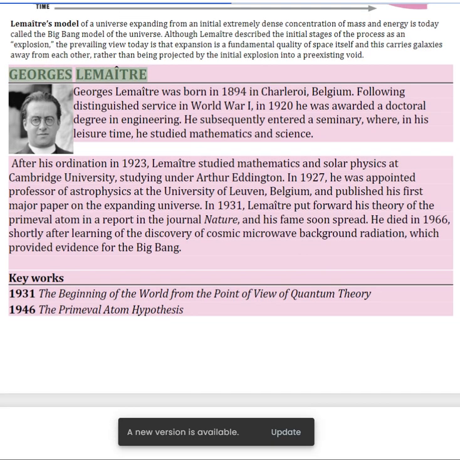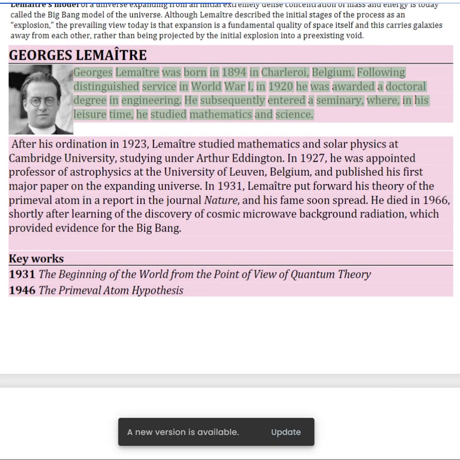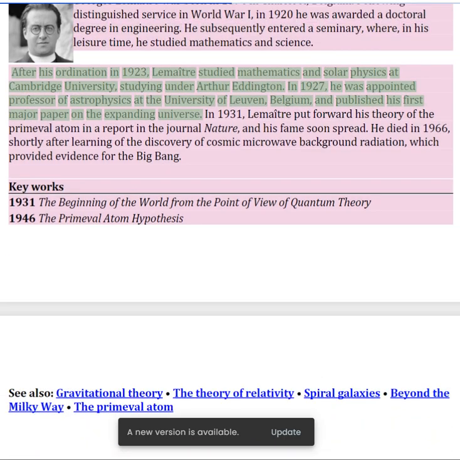Georges Lemaitre. Georges Lemaitre was born in 1894 in Charleroi, Belgium. Following distinguished service in World War I, in 1920 he was awarded a doctoral degree in engineering. He subsequently entered a seminary where, in his leisure time, he studied mathematics and science. After his ordination in 1923, Lemaitre studied mathematics and solar physics at Cambridge University, studying under Arthur Eddington.